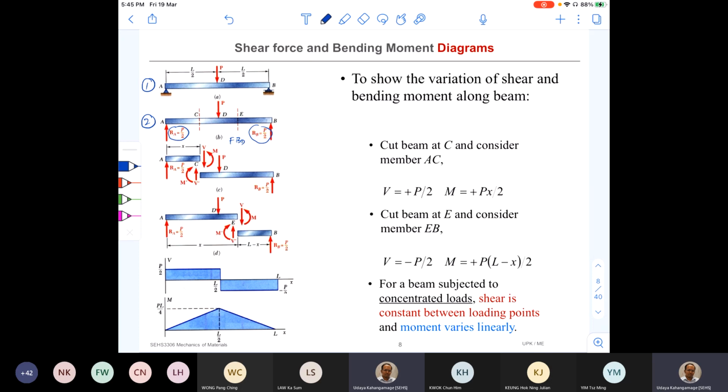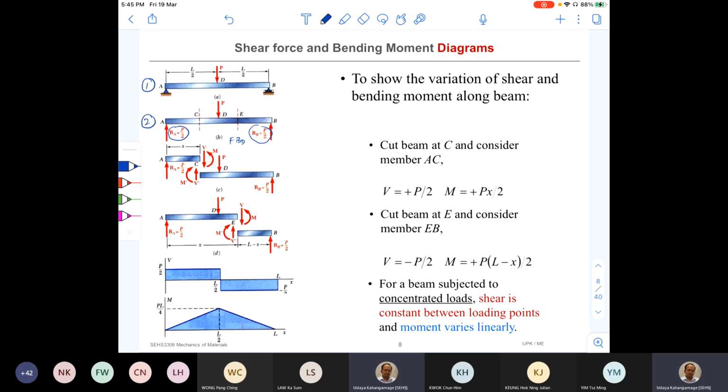Now, from A to D, just before D, no other forces, right? At A there's an external force, the reaction force. At D, external force. But between A and D, there are no other externally applied loads.